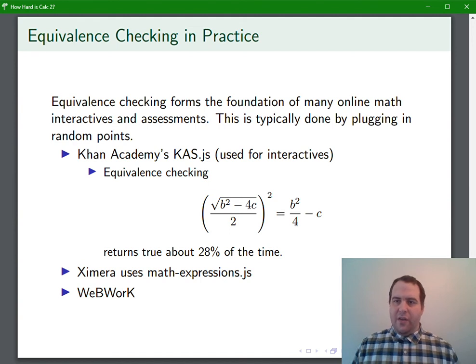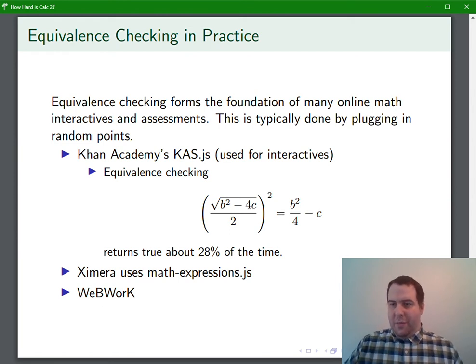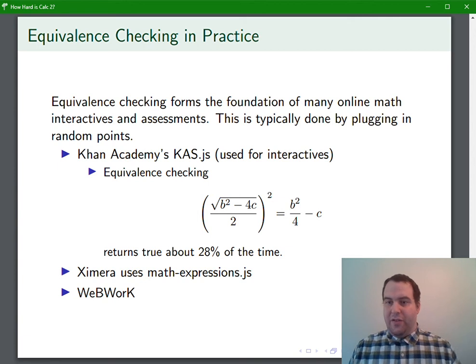And it turns out that this is actually pretty good, right? You can plug in a bunch of random points, and if the two formulas agree everywhere, then we know that the two formulas are in fact algebraically equivalent. Well, they're probably algebraically equivalent. Maybe they're not, but probably.